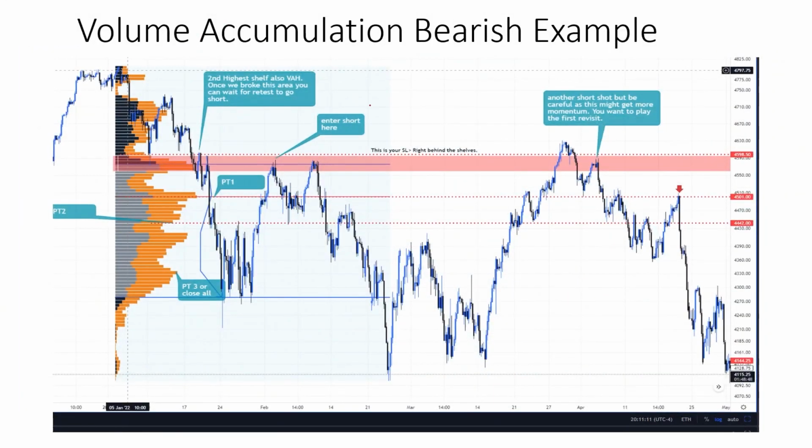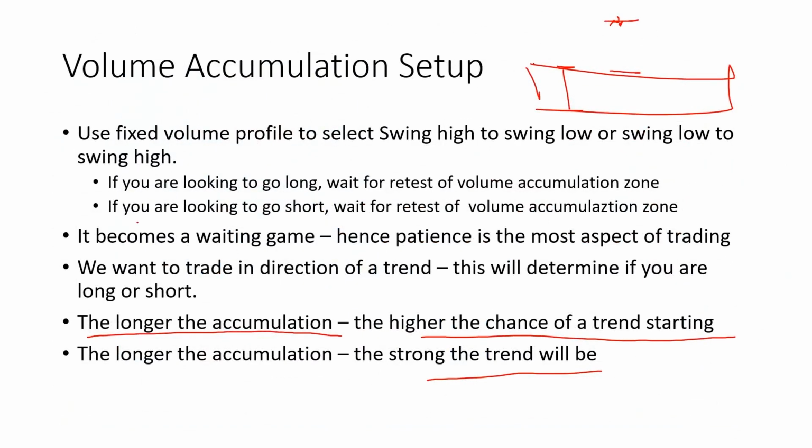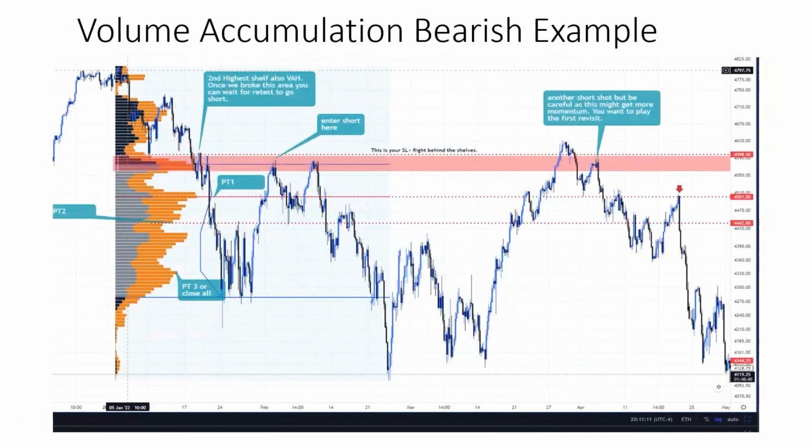On a bearish example, I think I used ES, but it was towards January. So here's the volume profile I grabbed. Oof, I don't know why this happened. So this is the break of this volume shelf.